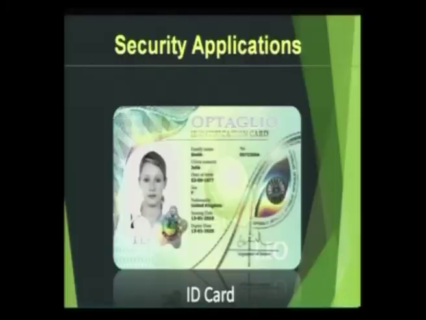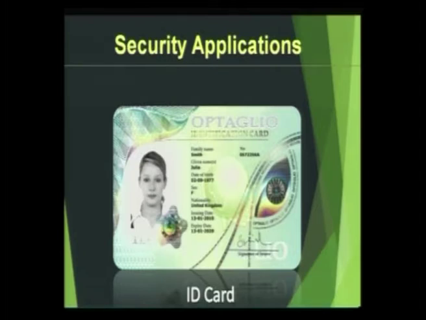So, the credit card, as all of you know, contains a hologram to see whether it is fake or original. So, we will see the different applications which are currently used. The first comes the ID card. As students of science and engineering, you will all have ID cards.